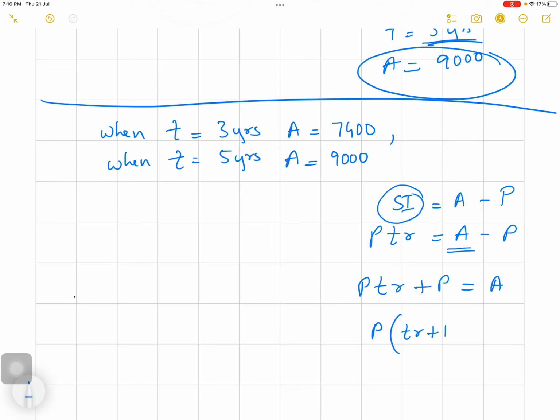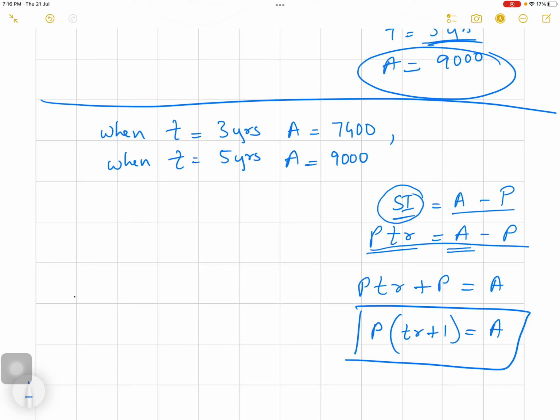So P into (TR plus 1) is equal to A. So this is the formula for amount. Simple interest is PTR, principal into time into rate, and simple interest is A minus P also, amount minus principal, right? So PTR is equal to A minus P.